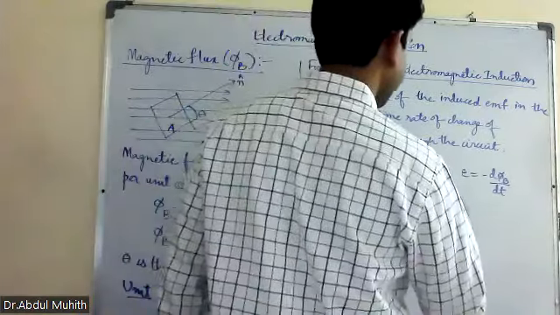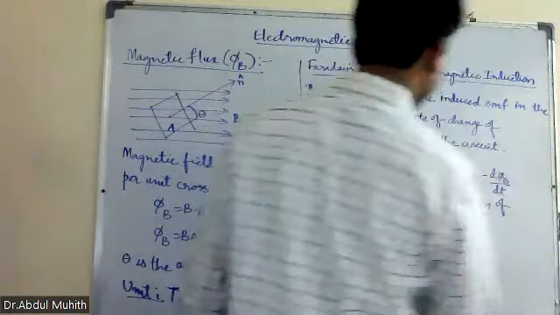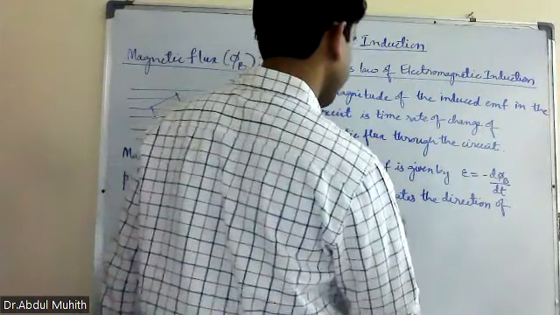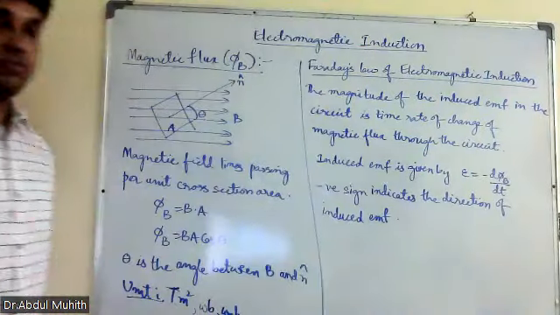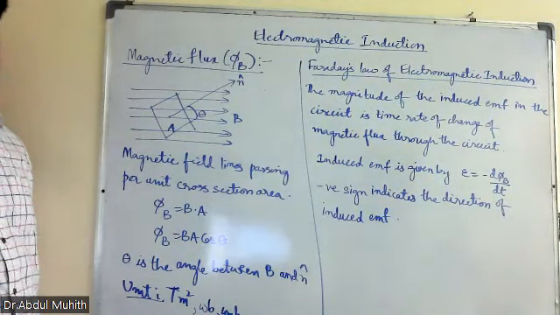The induced EMF is exactly opposite to the direction of the changing magnetic flux. There is a meaning of that.